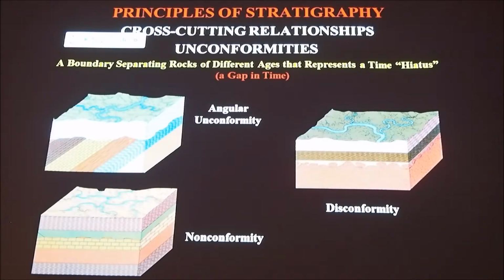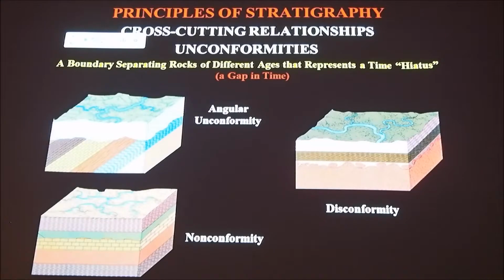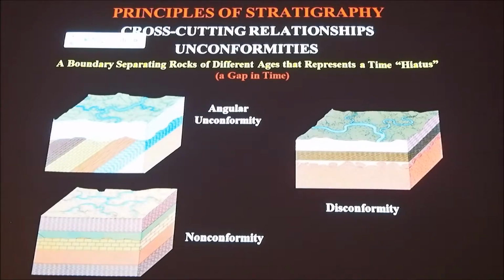But below that, these rocks are various different lithologies, and they're all tilted up at an angle. And the erosional surface that represents the unconformity has eroded those units off, cutting across the ends of those units at an angle.